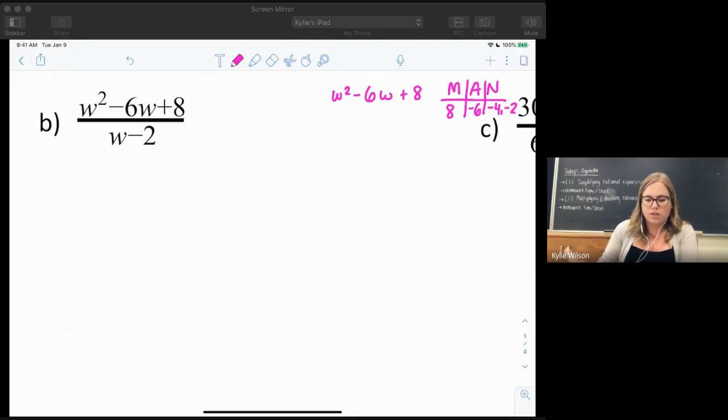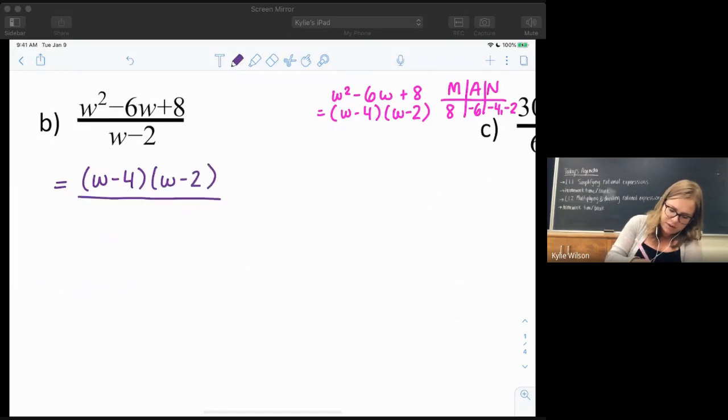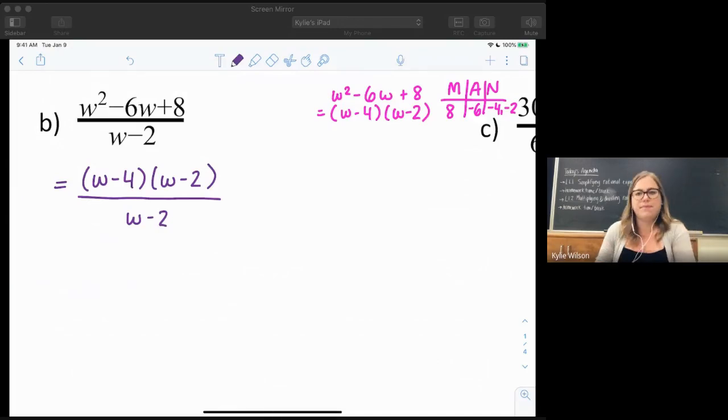So I can put that right in here. It's w minus 4 and w minus 2. You don't have to write all this stuff out. I just want everyone to know where our numbers are coming from. So this top bit changes to w minus 4, w minus 2, all over w minus 2, like this.